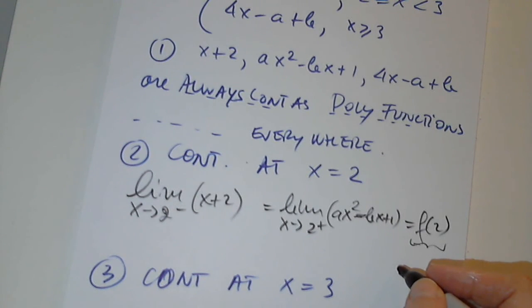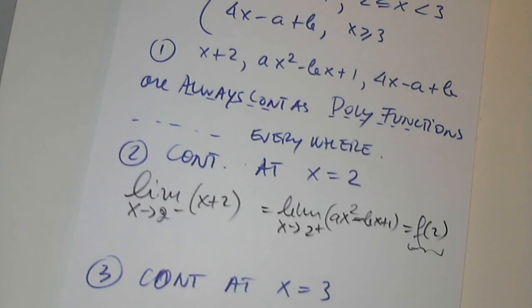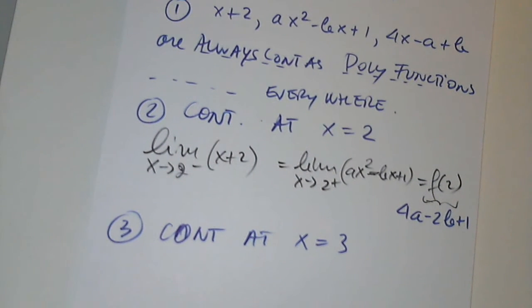One more time, f of 2. No, f of 2. You're on the right track. But I just need the answer. So 4a. Excellent. Yes, 4a. Very good. Minus 2b plus 1. Excellent. Great job. Thank you. Okay.